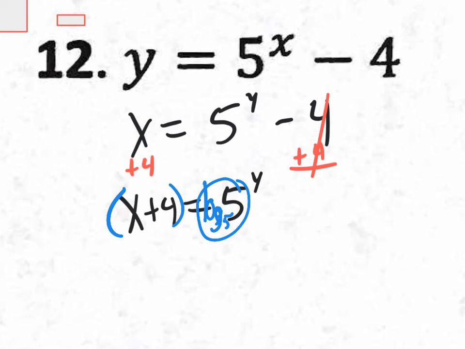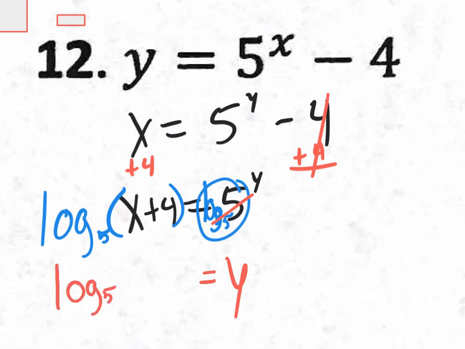That's where I have to put in parentheses and then write log base 5 in front of those parentheses. That way I truly am doing log base 5 of this whole entire left side, not just the x. So anyway, the y comes down and we have y equals log base 5 of x plus 4 in parentheses.